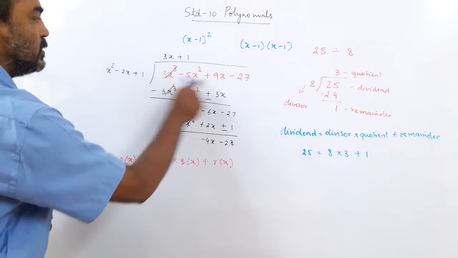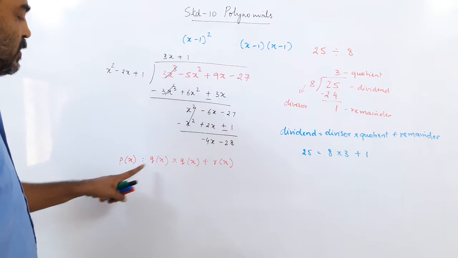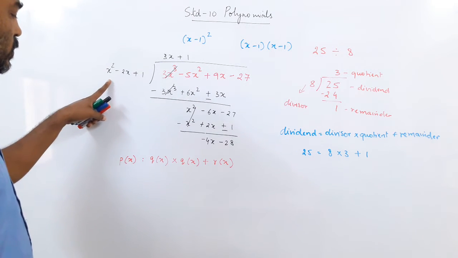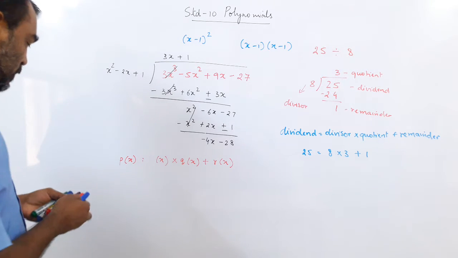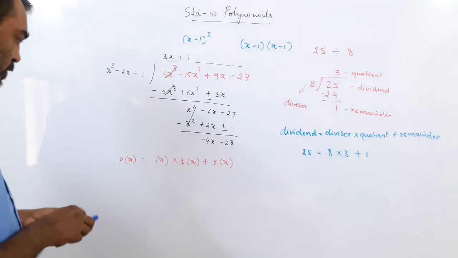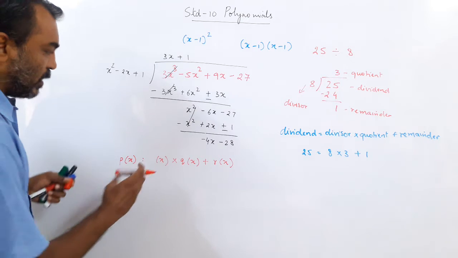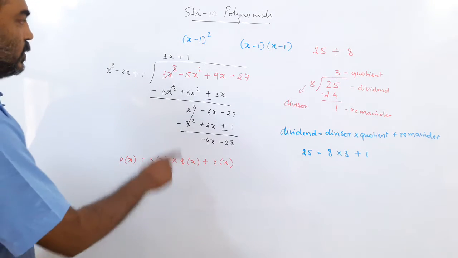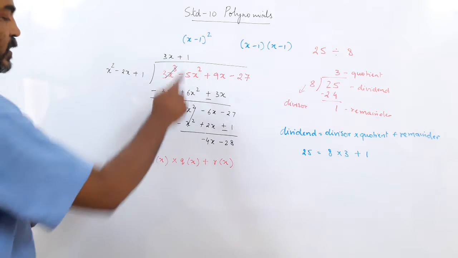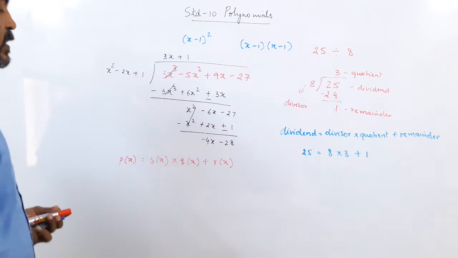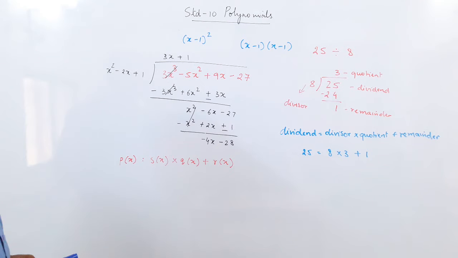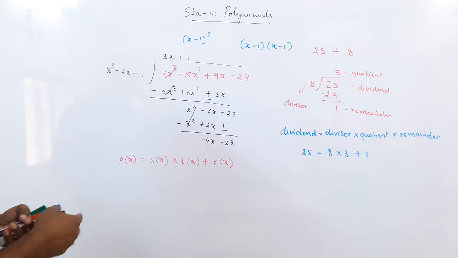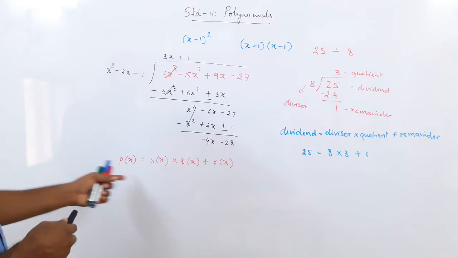The dividend is a polynomial p of x, the divisor is a polynomial s of x, the quotient is q of x and the remainder r of x. All of these are polynomials.